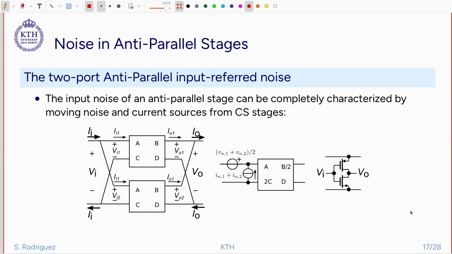Anti-parallel stage, when we connect the devices, for instance, in parallel, a very easy example is an inverter amplifier. We do a similar treatment as we did for the differential pair, and then what we have is actually the following results.